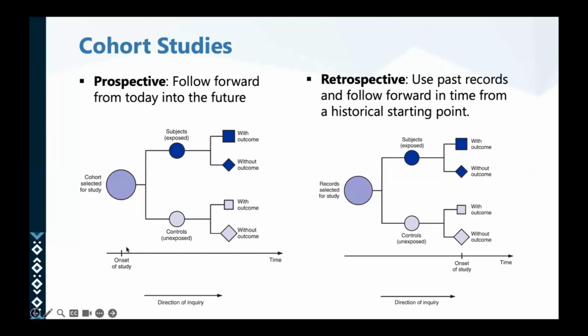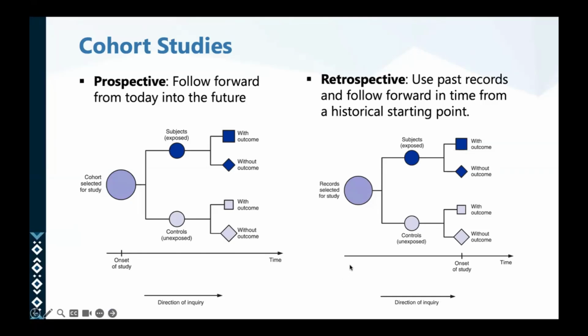In a prospective study, you select your patients, and you start when the patients are selected. So you start really from the outset. You take those who are exposed, those who are not exposed, and you follow them until you get the outcome in both groups. In the retrospective cohort study, you are not starting from scratch.